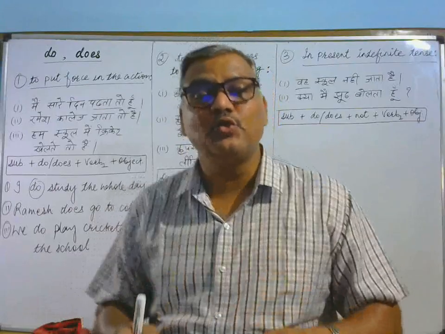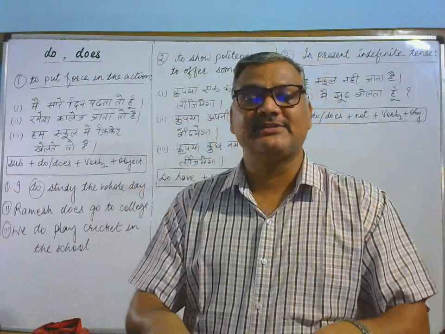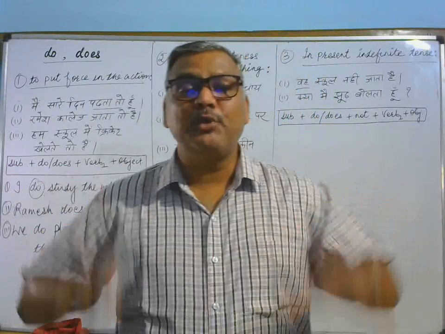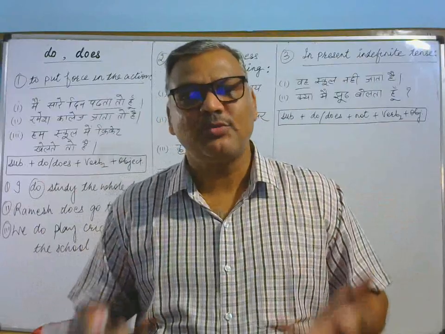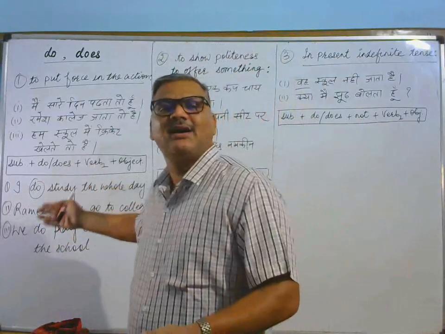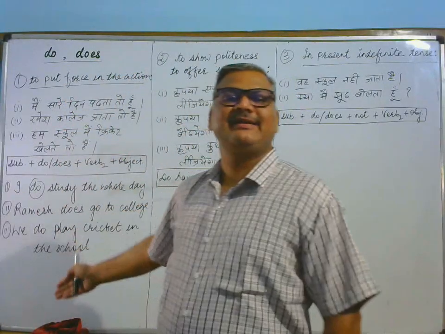But if we use do, we do play cricket in the school, it means we are putting force on our action. So my dear friends, this is the use of do and does in such type of sentences.